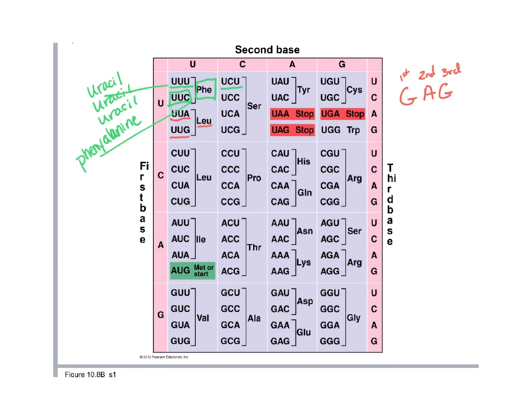So the way that you read this chart to determine which amino acid GAG codes for, you read down this line first. So in our example, G is the first letter. Okay, great. So you're in this bottom row. Now the next base is A.